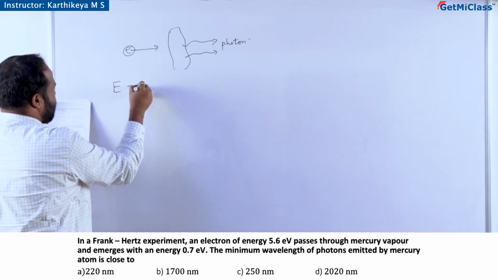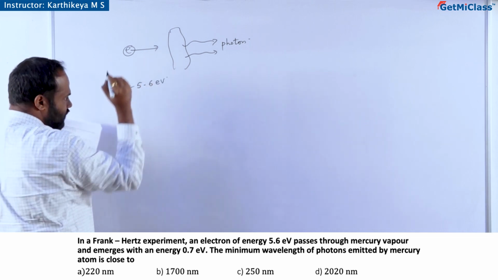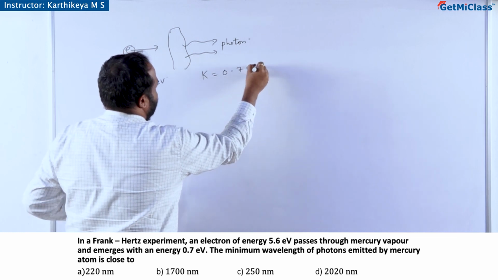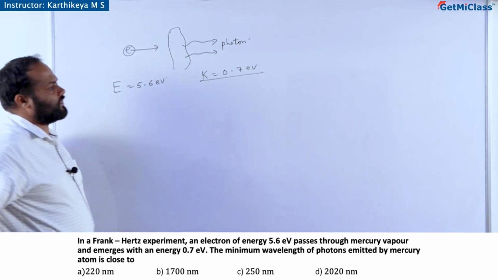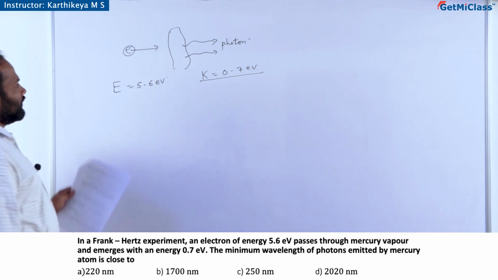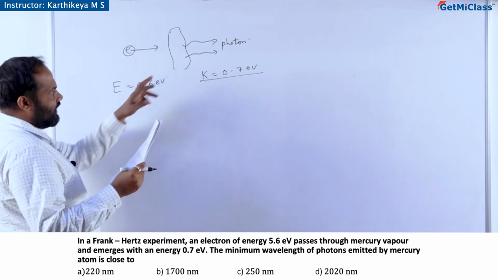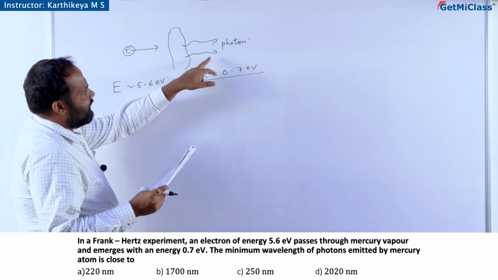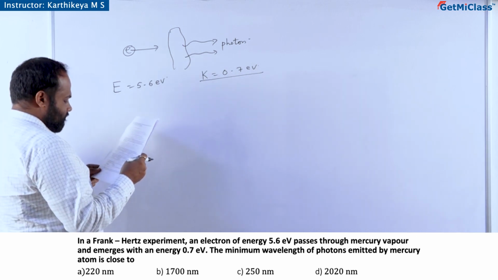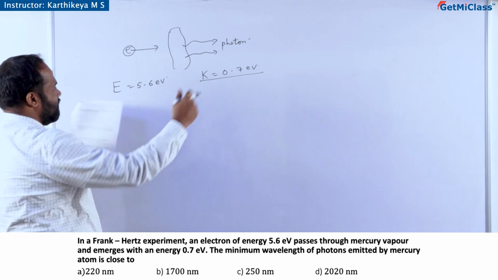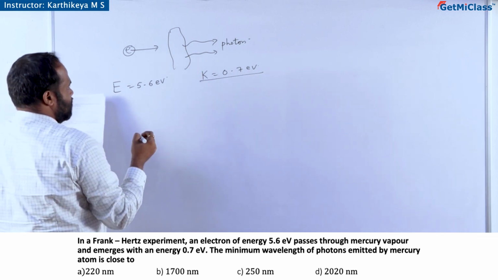Now, initial incident energy is 5.6 electron volt. It comes out with 0.7 electron volt, that should be associated as kinetic energy. Now, minimum wavelength of photons emitted by the mercury atom is close to.